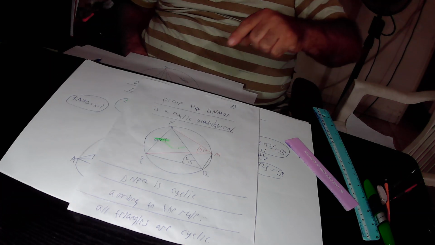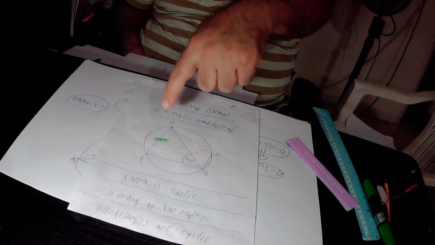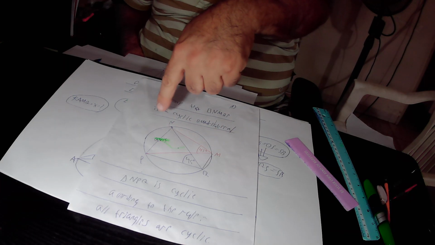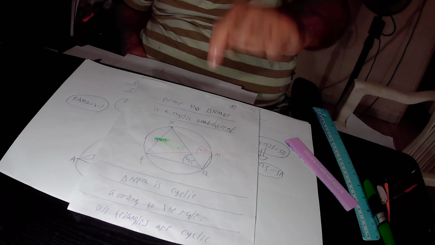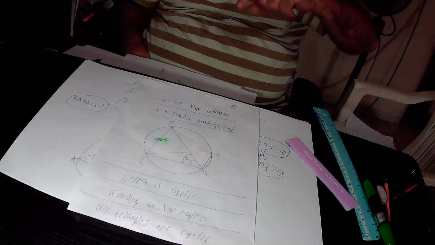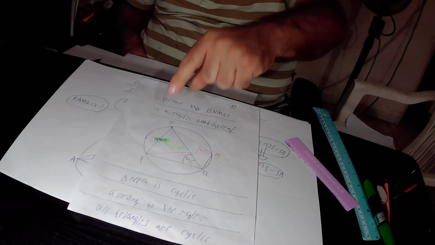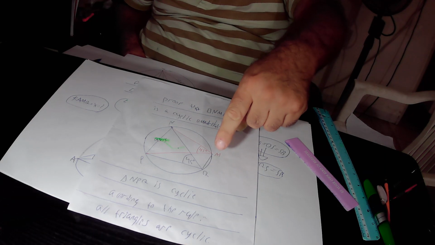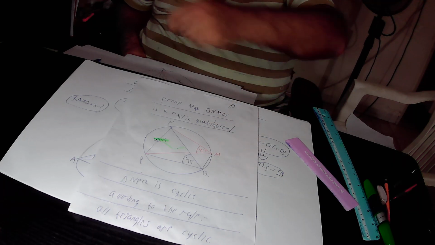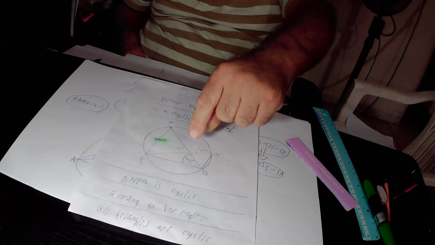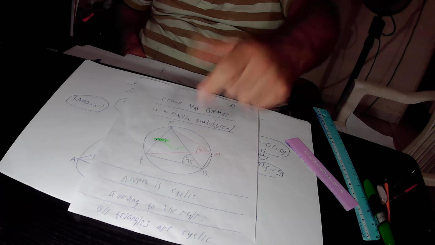For that reason, we can definitely rotate this angle PQN around this circle without changing its size. The vertices N and P don't move. In this way, we get all the angles that are equal to 45 degrees in size, because by rotating the angle, we will not change its size.